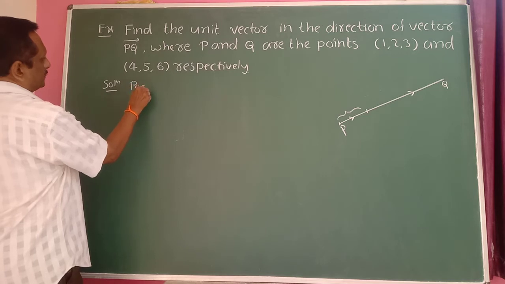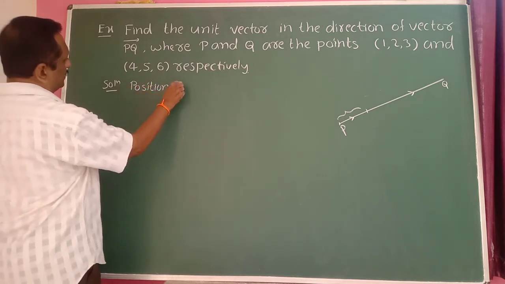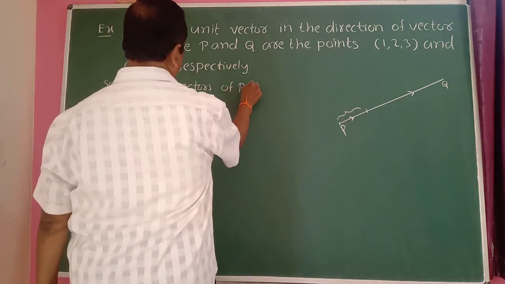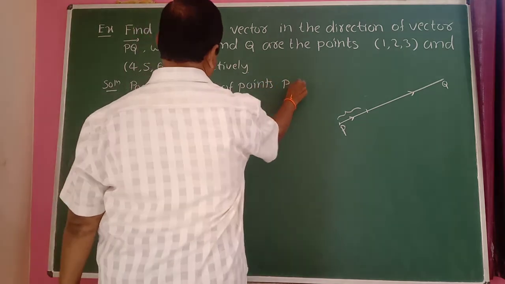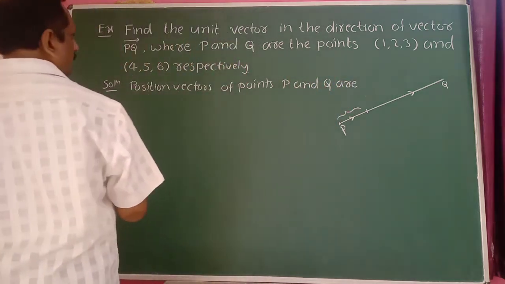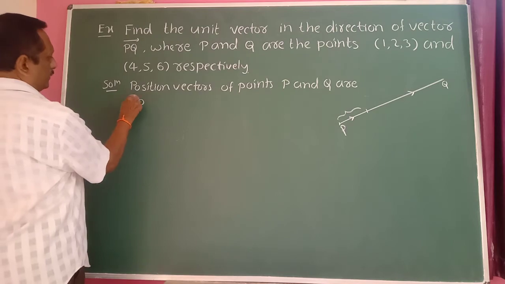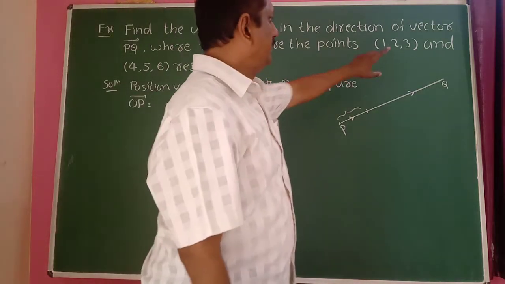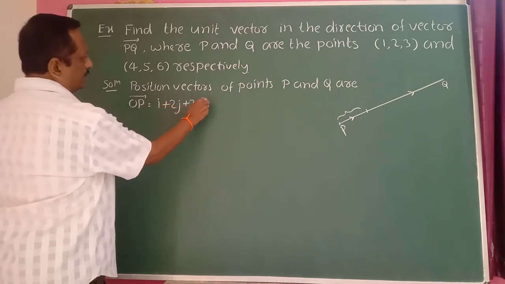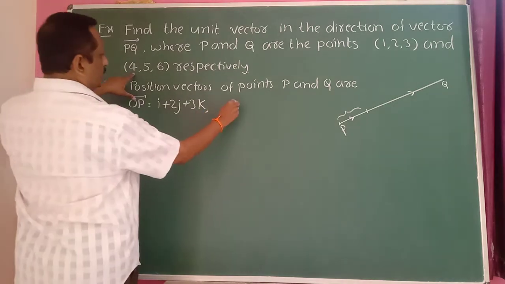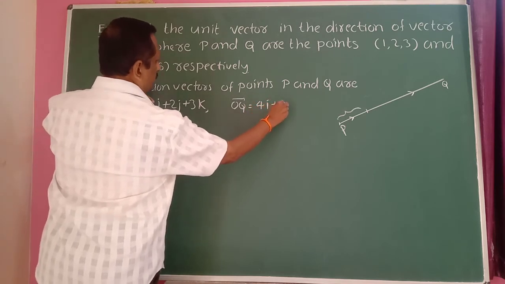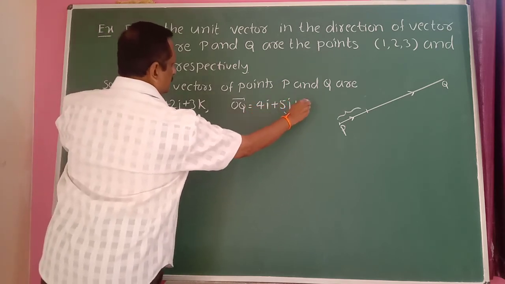The position vectors of points P and Q are: OP bar is i plus 2j plus 3k, and the position vector of the point Q, OQ, is 4i plus 5j plus 6k.